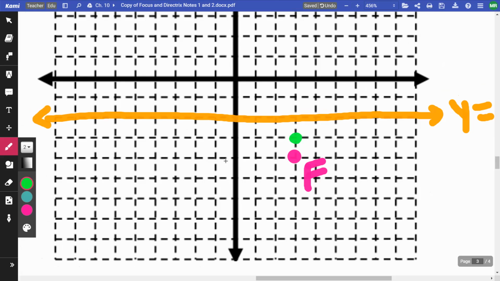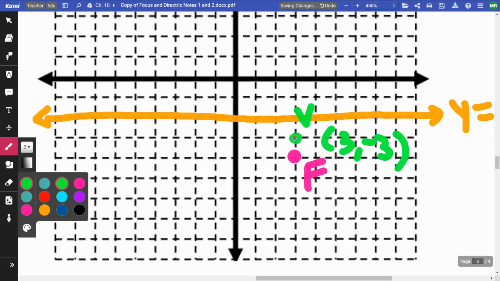And they both are going to have the same x. They're both going to be 3 comma something. So this is going to be 3 comma 1, 2, 3. So this is going to be my focus, and this is going to be 3 comma -3. That's my vertex here. I'll write it in black. 3 comma -3. That's my vertex.